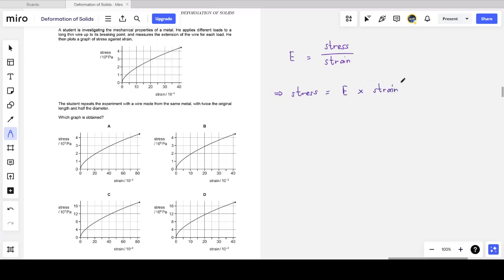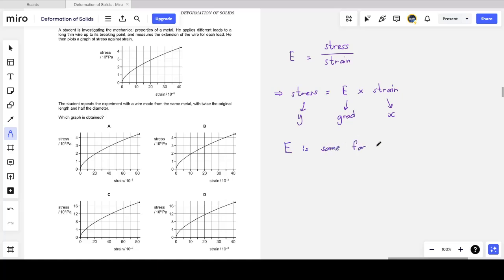Now if I'm using two different wires and plotting a graph of stress against strain, I'm going to get the same gradient, irrespective of what I get on the y and x axes. So essentially, I'm going to have the same graph because both wires are made from the same material.